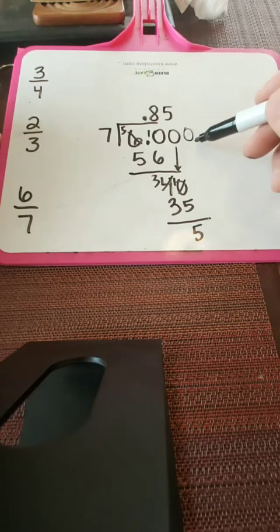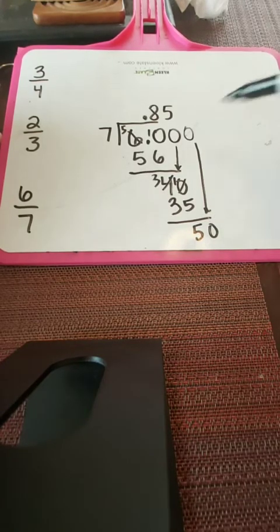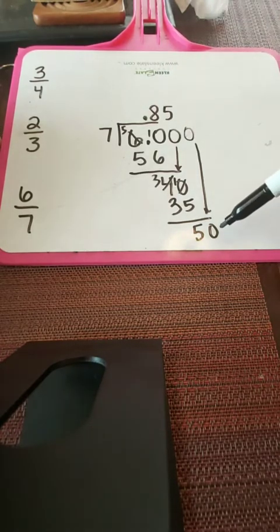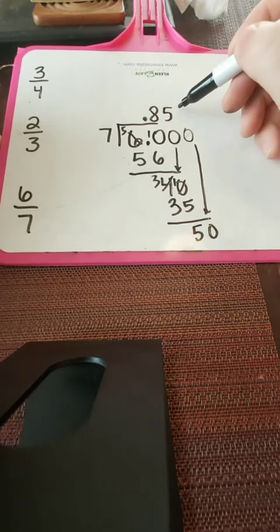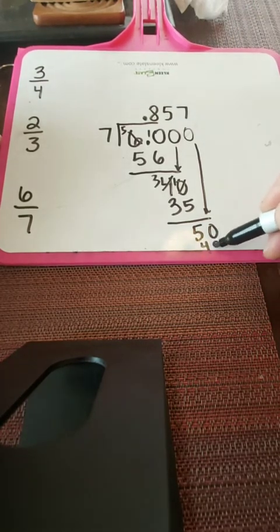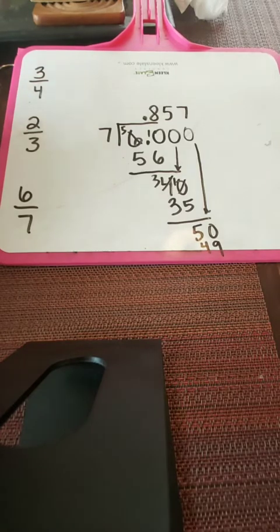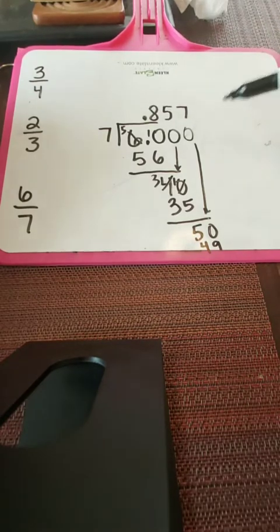And again, 7 has to go into our 5, but it can't. So we add another 0. Bring it all the way down. All right. 7 goes into 50 7 times. That gives us 49 with 1 left over. And you can stop there because this actually will go on, but 0.857 is far enough, okay?